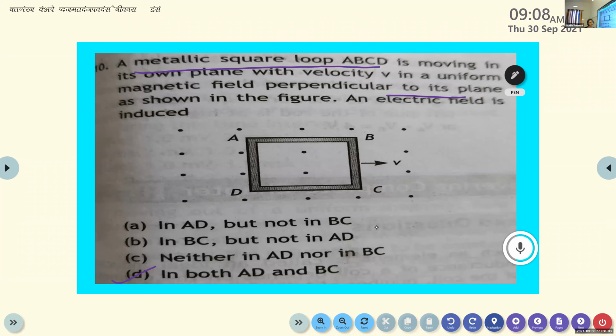This metallic loop moves inside a uniform magnetic field, and the magnetic flux associated with it changes, and it will induce an EMF. That induced EMF we call motional EMF. Due to the presence of this motional EMF, it will create an electric field in this metallic loop, especially in these two sides, AD and BC.